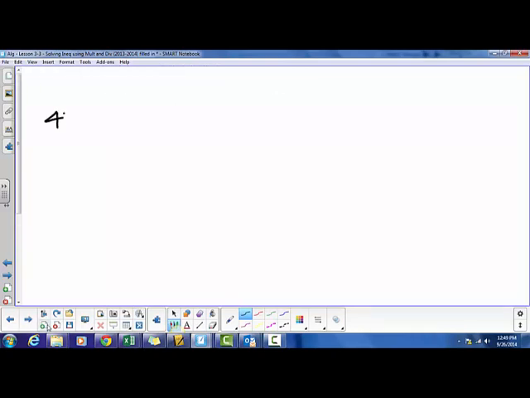All right, let's look at number 40. Number 40 says, the measure of an exterior angle of a regular polygon is given. Find the measure of the interior. So let's see. I know what the exterior is. The exterior is 72. I need to find the interior.